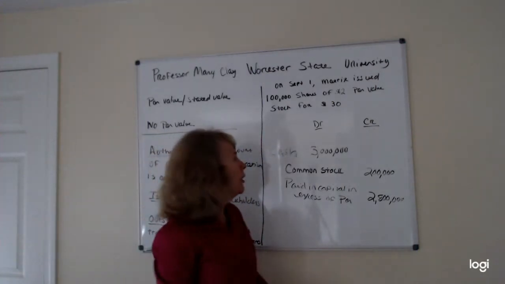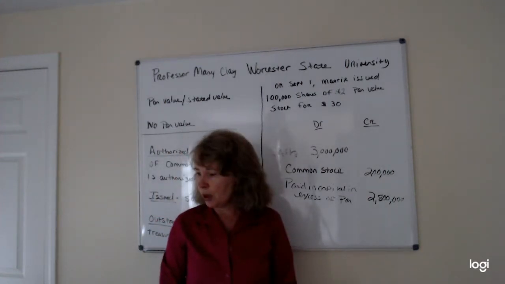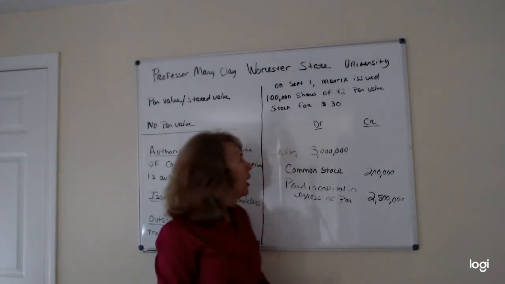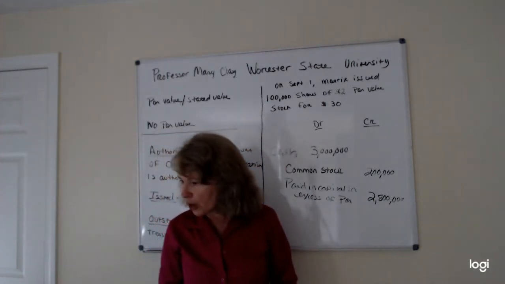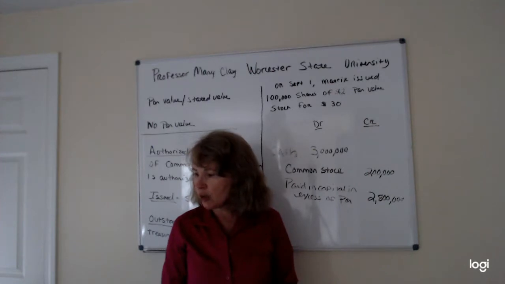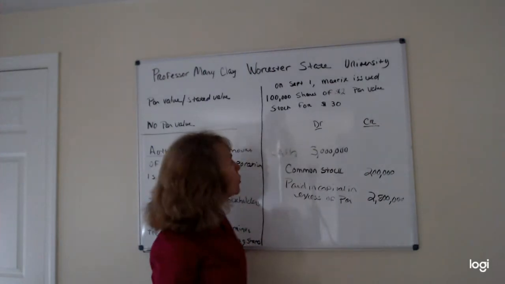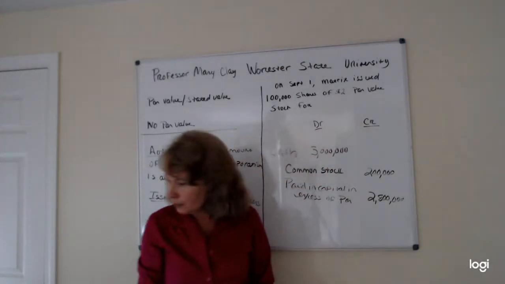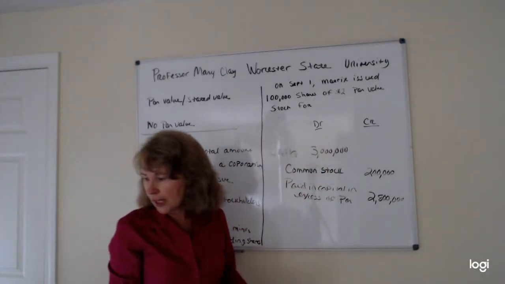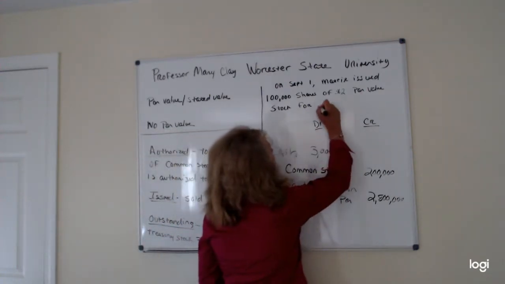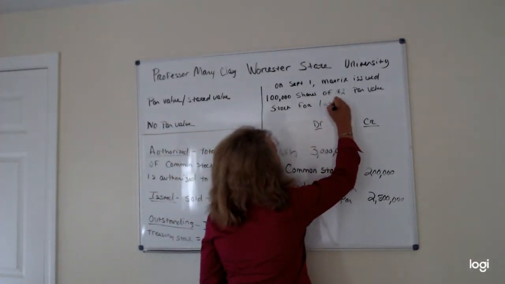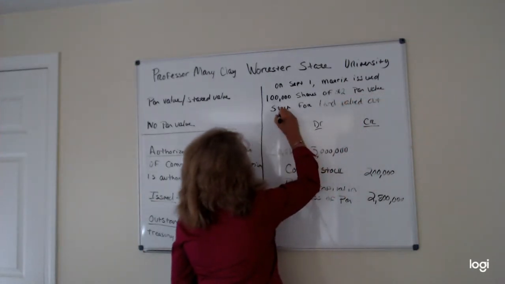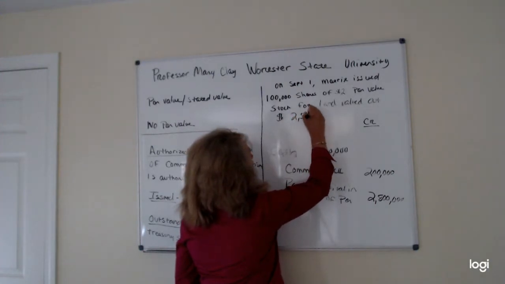Okay, so now the next one, I'm going to show you an example of a non-cash asset transaction. So here it is. On September 1st, Matrix issued 100,000 shares of $2 par value stock for land valued at $2,500,000.